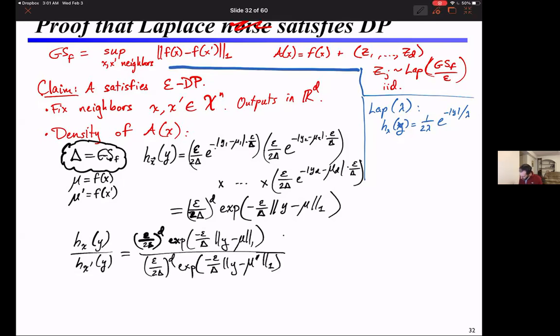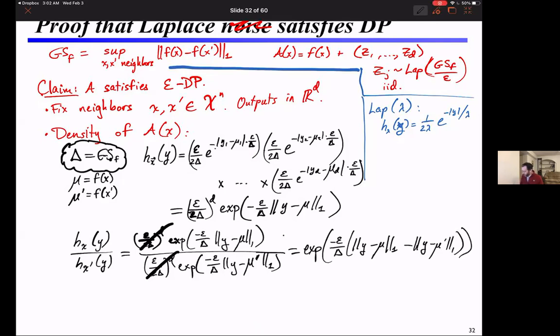Okay, so the y's are the same in the numerator and denominator, but one of the mu's is f of x and the other is f of x prime. So now the normalizing factors cancel, and what we're left with is e to the minus epsilon over delta times the difference between how far y is from mu and how far it is from mu prime.